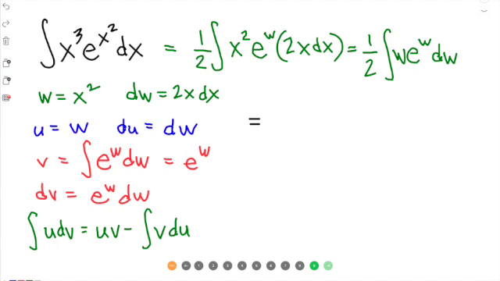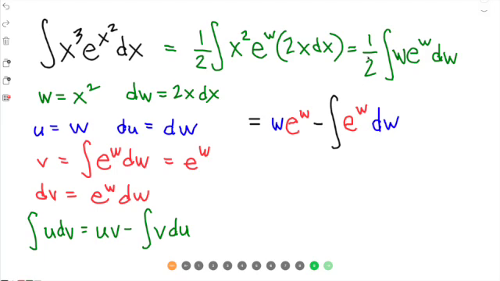let's color code that again, stick to our color code. That's uv, that's w, v is e to the w, e to the w minus the integral of v du, which is, in this case, v is again e to the w, du is dw. So that is an easier integral, right? e to the w dw would just be equal to e to the w.